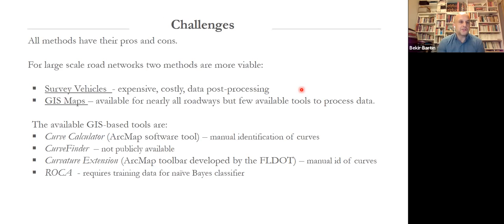Now, the good thing about the GIS maps is that they are available for nearly all the roadways. I mean, you can find GIS maps of local roadways, local streets. But there are very few available tools to process that data. So the way GIS maps are formed is you take an orthophoto or a high resolution satellite image, and there are companies who process these images and put vertices on the center line of the roadway.